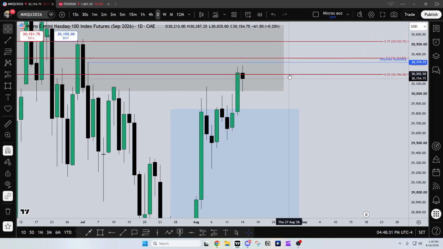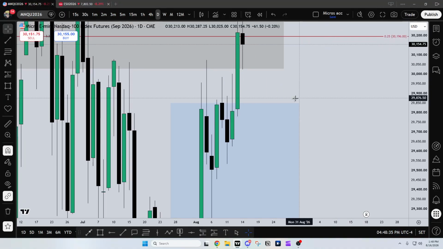We closed below the lower quadrant, so I want to see how we treat that. I would want to see us come back down and tap into this volume imbalance here.